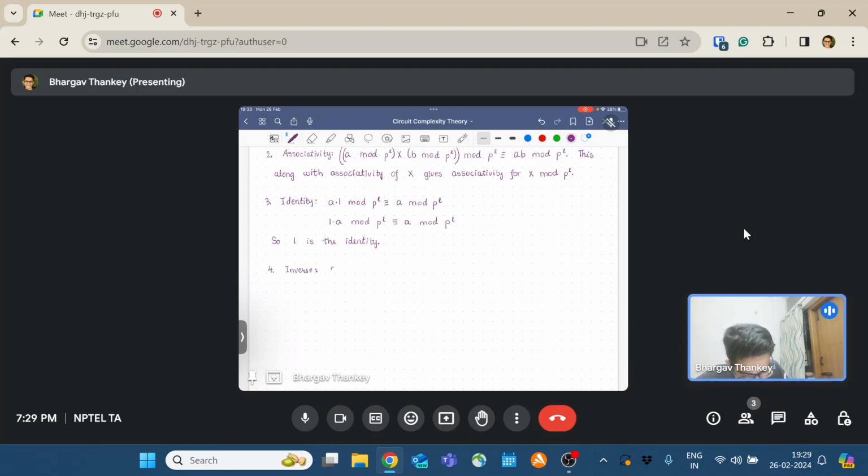We want to show that there exists a B such that AB mod P to the L is 1, right?